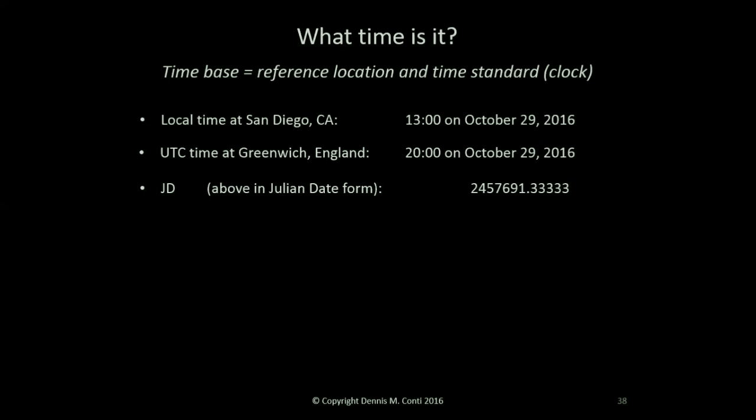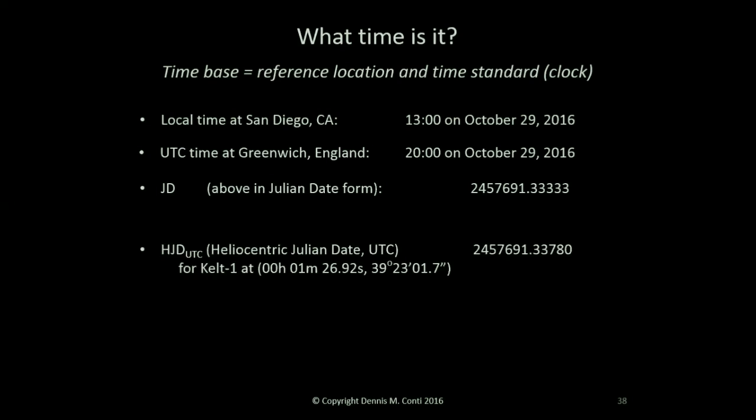Well, some observations are done in a time frame where the reference location is the sun, and this is called a heliocentric Julian date. In order to compute the heliocentric Julian date, using as an example a particular star, Kelt 1 in this case, at a certain RA and DEC position, we get a different Julian date because, again, it's as if we're observing from the sun as opposed to the Earth.